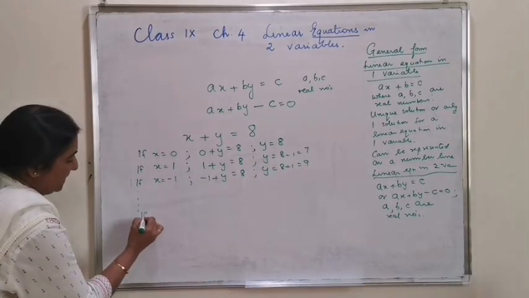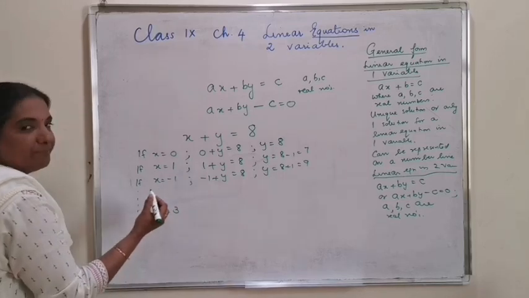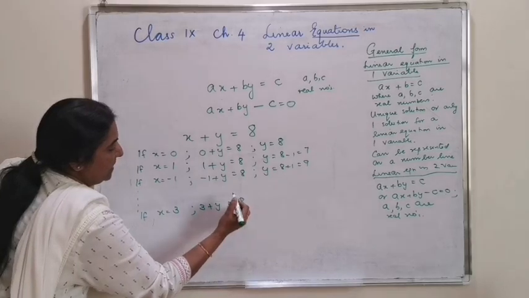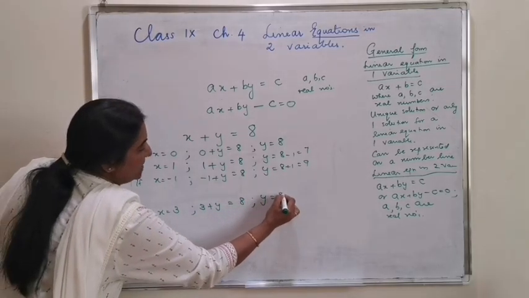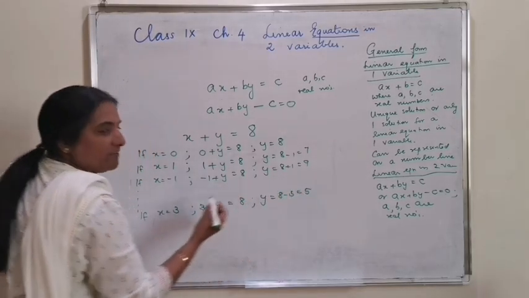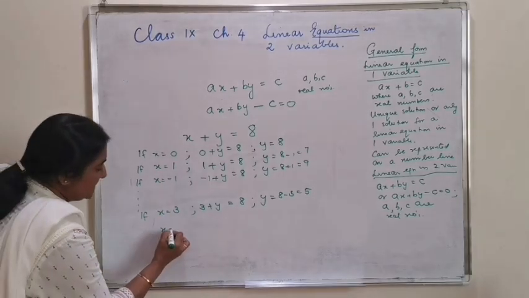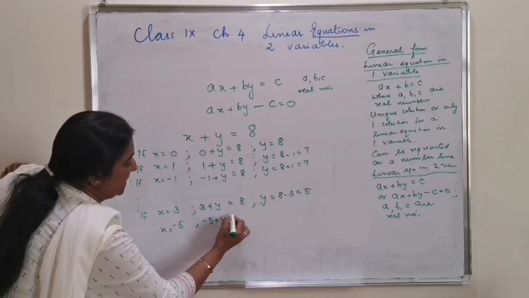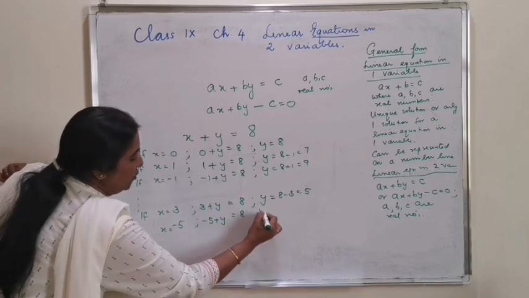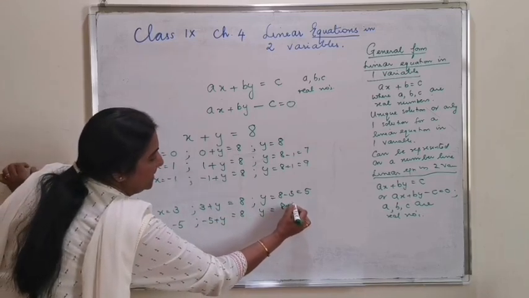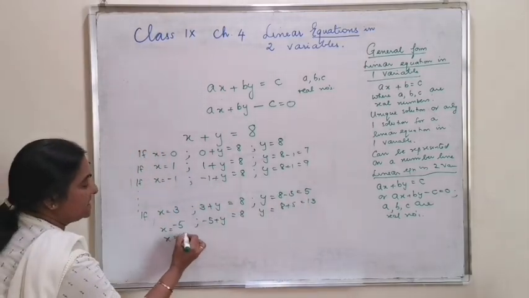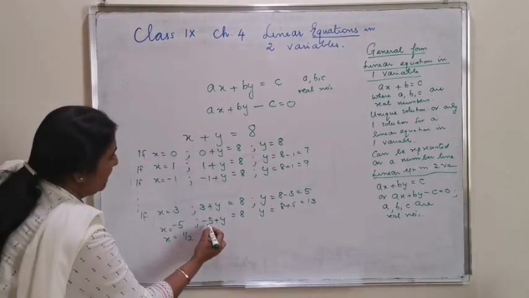Let's take x is equal to 3. That means 3 plus y is equal to 8, so y is equal to 8 minus 3, which is 5. Let's take x as minus 5. Minus 5 plus y is equal to 8, so y is equal to 8 plus 5, which is 13. Let us take x as half.